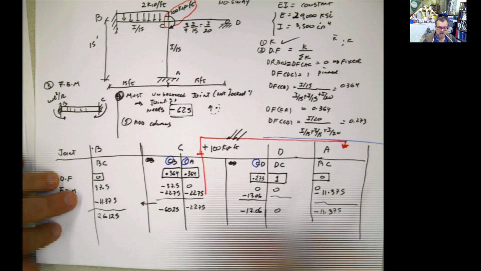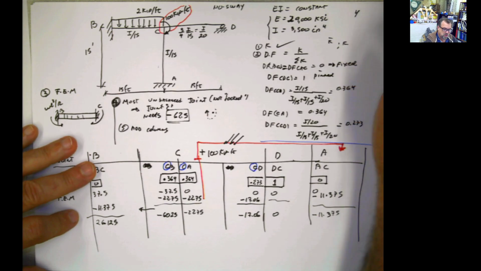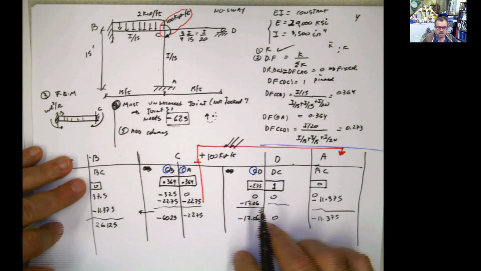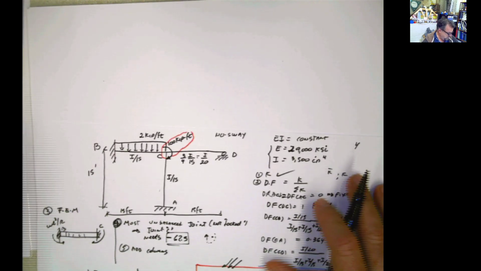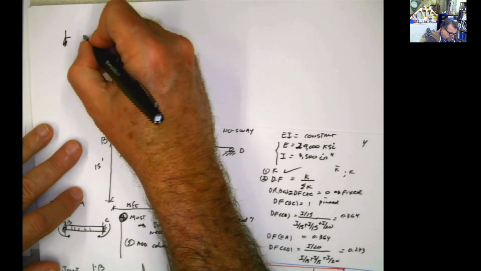Now those are the moments. I always like to do some member end forces because I'm going to ask my students to do those also. So then what you have to do is come back here and do a drawing of whatever you have.